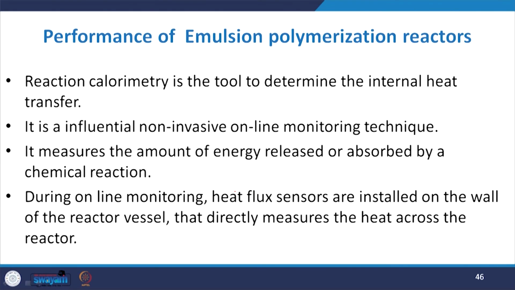Now, reaction calorimetry is the tool to determine the internal heat transfer. It is an influential non-invasive online monitoring technique and measures the amount of energy released or absorbed by a chemical reaction. So, during online monitoring, heat flux sensors are installed on the wall of the reactor vessel that directly measures the heat across the reactor.